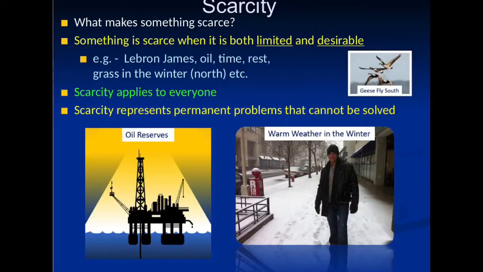Okay, so what makes something scarce? Something is scarce if it is both limited and desirable. Limited and desirable. And the truth is, scarcity applies to everyone, right? Even if you have all the money in the world, there are going to be things that are limited to you. So on this slide, we have a couple of pictures we can look at to identify scarcity.